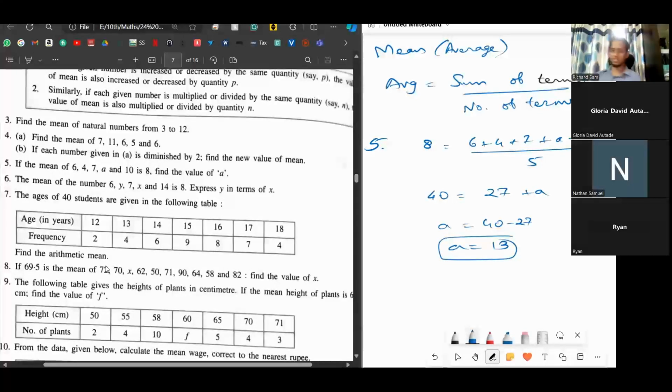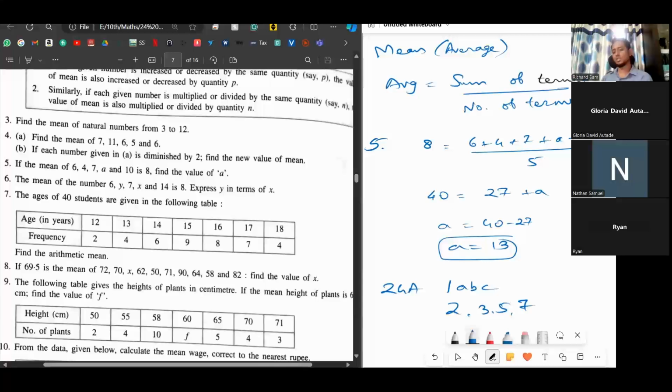Exercise 24A from question 1, a, b, c, then question 2, 3, 5, 7.